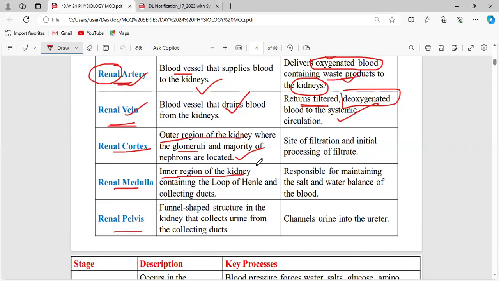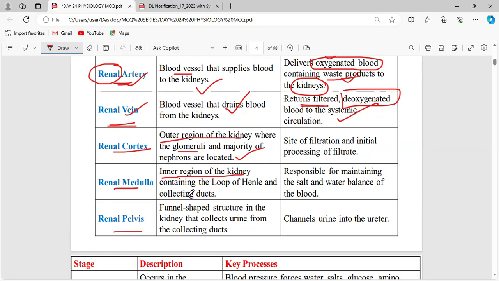If the nephrons share a part of the renal cortex, we call them cortical nephrons. And if the nephron is present in the medullary area, we call them medullary nephrons. But you should know that the majority of the structure of nephrons is in the renal cortex only, not in the medulla.